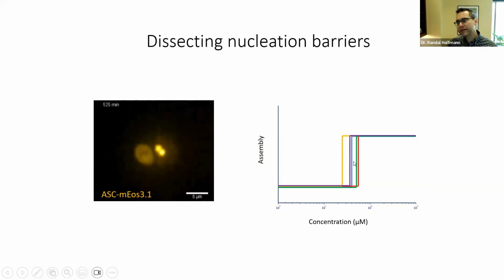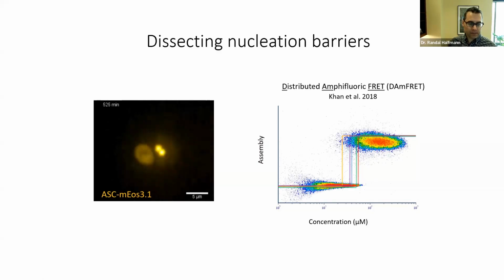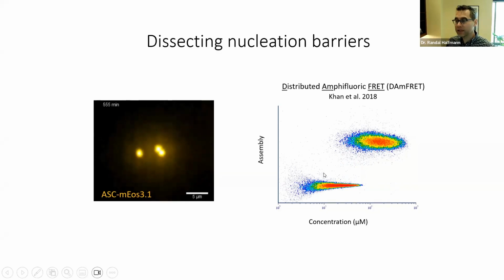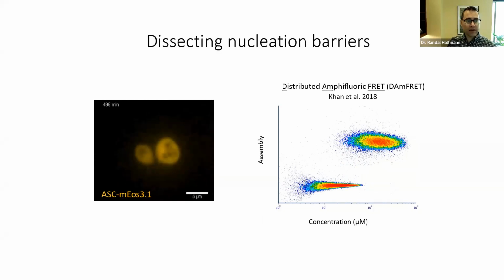Or rather than taking thousands of movies, you could just take a snapshot of a culture undergoing this transition using DAmFRET. And what you see is now for tens to hundreds of thousands of cells, where in this transition they are at that moment in time as a function of the concentration of protein in the cells.